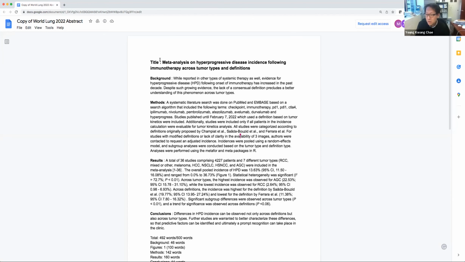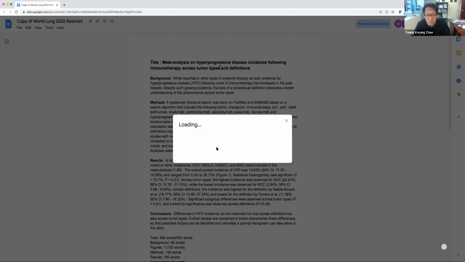Okay. So, meta-analysis on hyperprogressive disease incidence following immunotherapy across tumor types and definitions. So I would say, we said tumor types and definitions. I know it's just hyperprogressive definition, but maybe you could put, how can I edit on here? Request edit access.